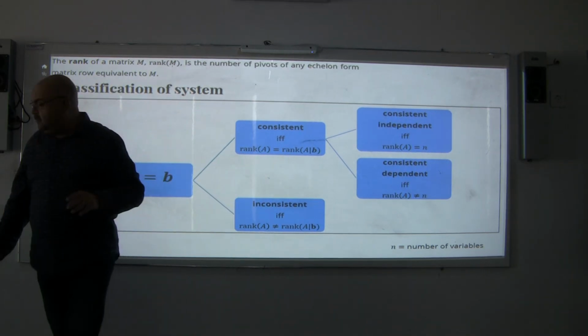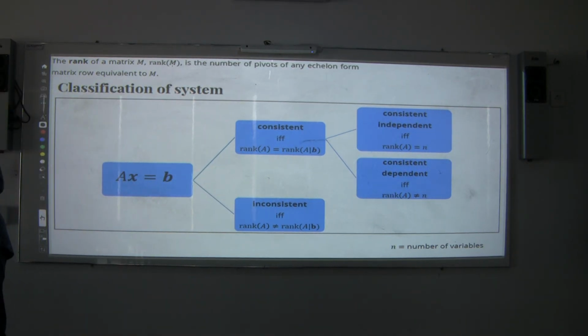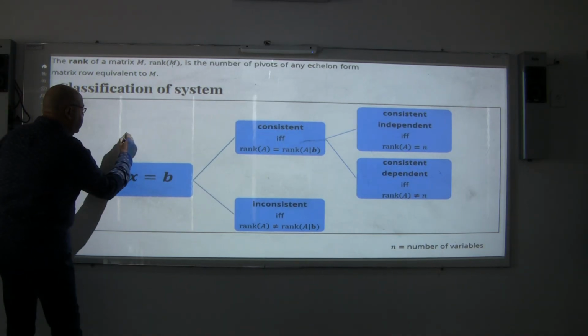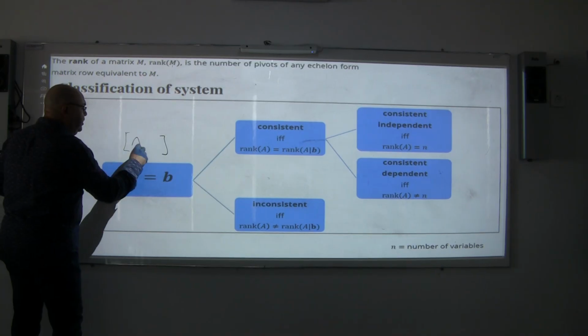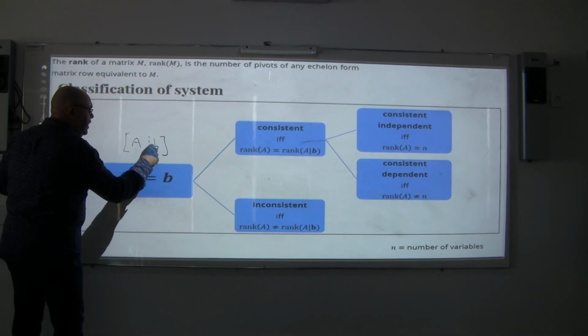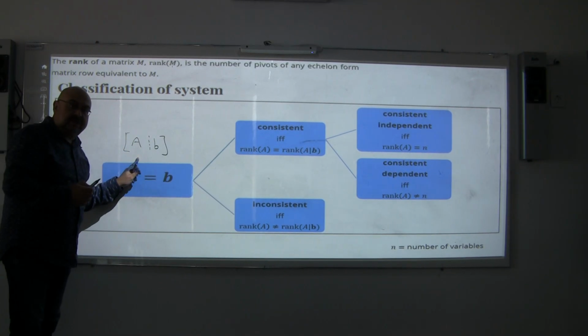The augmented matrix is really very simple. We mean by the augmented matrix the two matrices together, so it's matrix A, then matrix B. This is the augmented matrix.